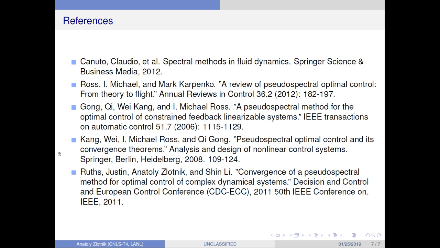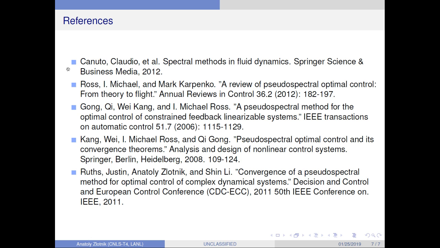So that concludes the second presentation on control for the online winter school on spectral methods for complex systems. Some useful references for pseudospectral approximation and its application to optimal control can be found here.